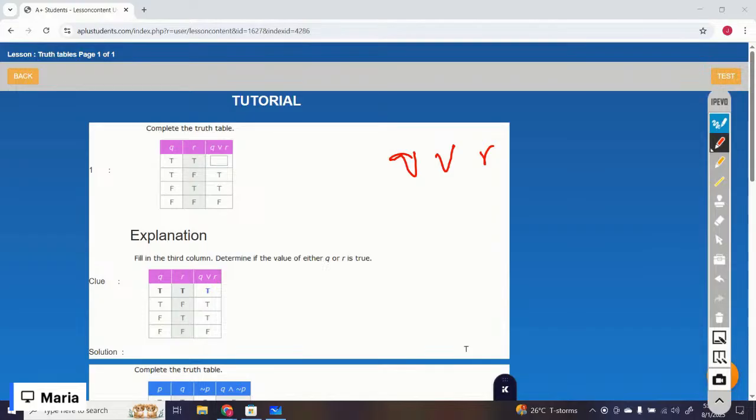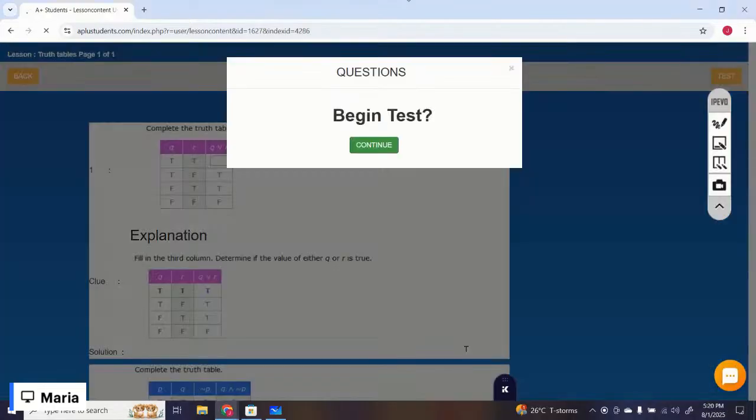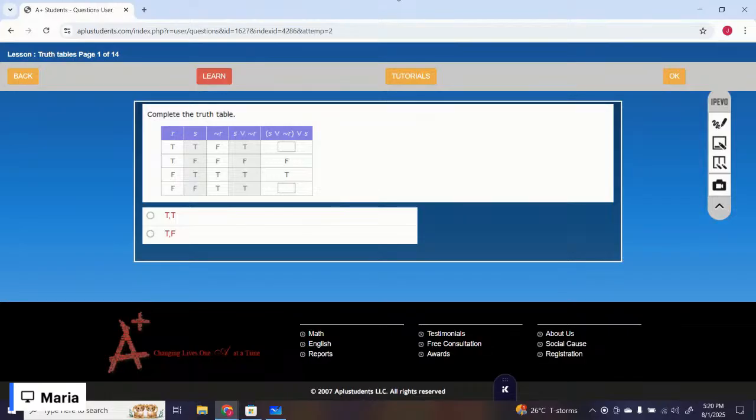Let's just start with the test questions. Complete the truth table.